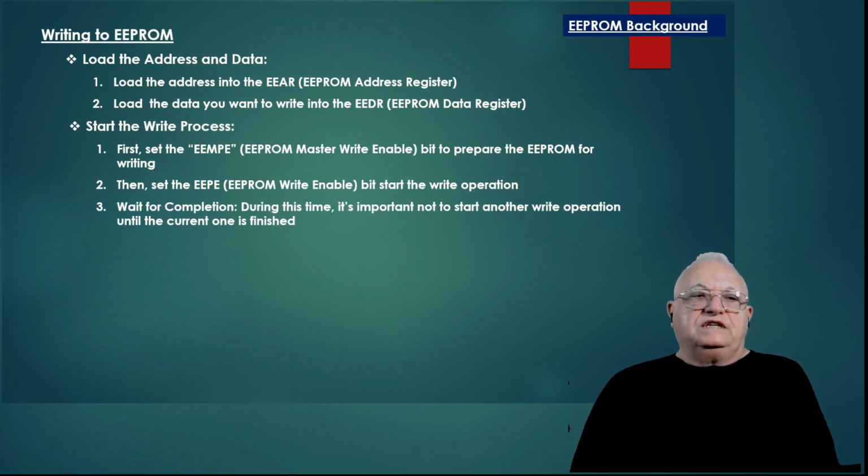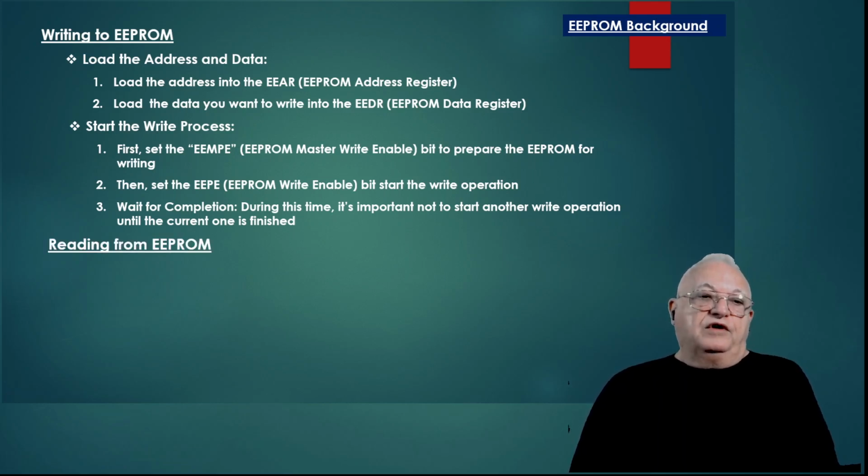Once we set the EEPE, the write process starts immediately. So we need to wait for completion. During this time, it is important not to start another write operation until the current one has finished.